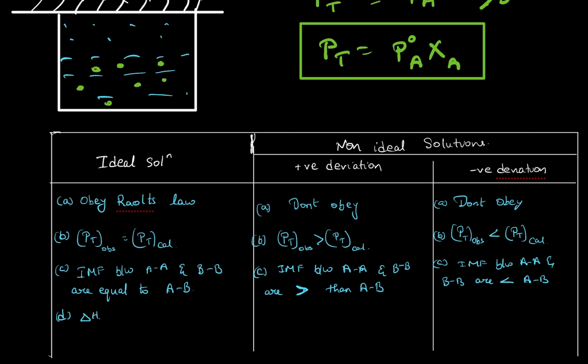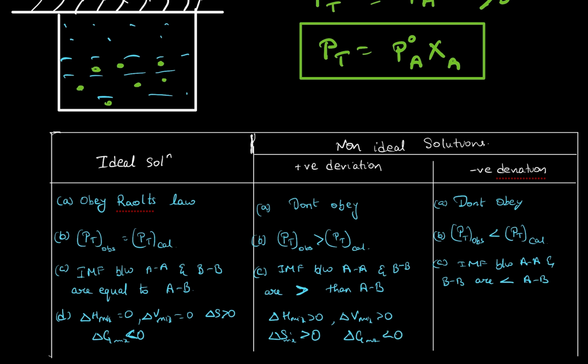And if you see, delta H mix here is equal to 0, delta V mix here is equal to 0, delta S is greater than 0, delta G mix is less than 0. Here, delta H mix is greater than 0, delta V mix is greater than 0, delta S mix is greater than 0, delta G mix is less than 0.